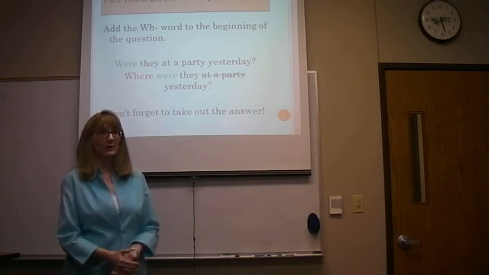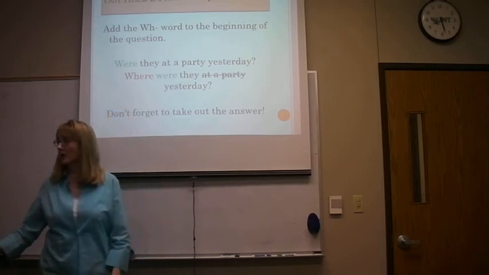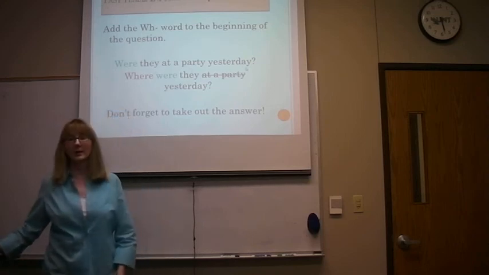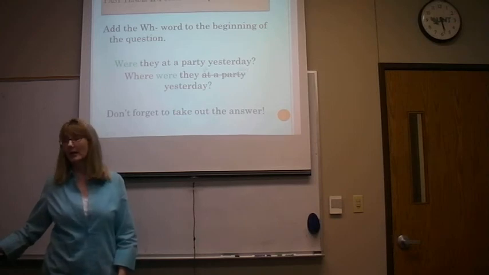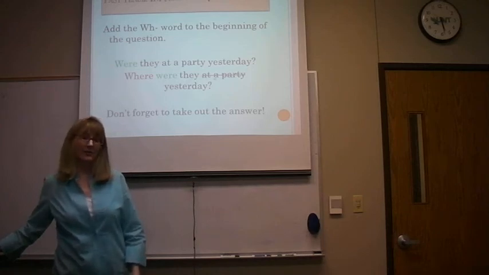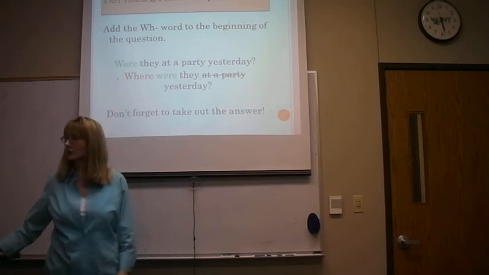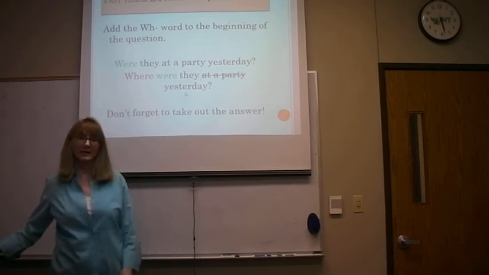But of course, you have to take out the answer. For example, were they at a party yesterday? We can add the word where: where were they? But we have to take out at a party because that's actually the answer to where were they yesterday.